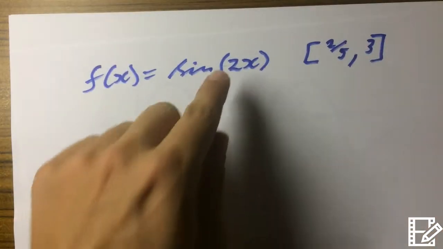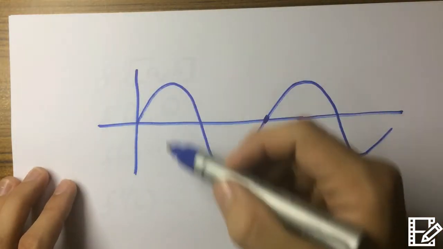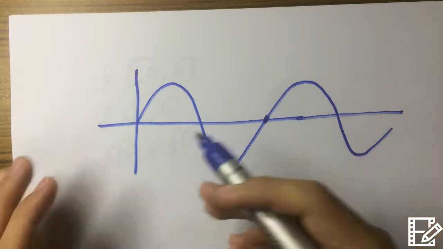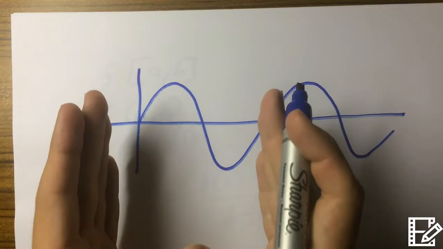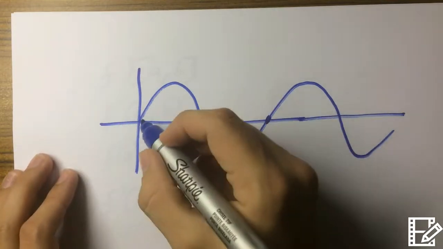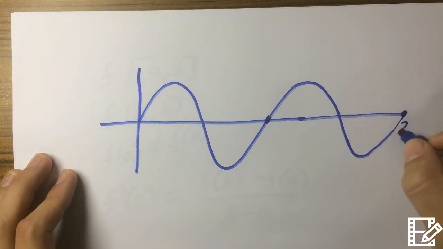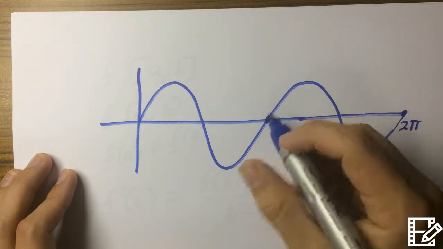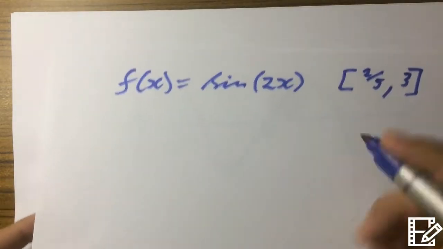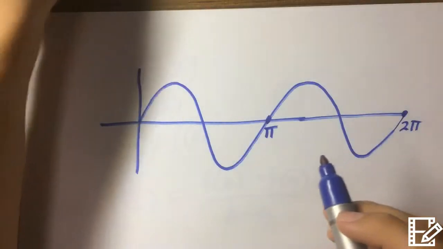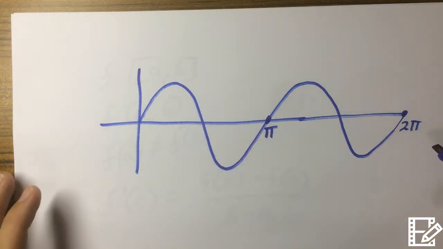But because I've got 2x, it essentially does twice as many revolutions in 2 pi, so it does them twice as fast. So instead of this being 2 pi, this one is 2 pi, and this one is pi. Because I put 2x there, it basically does twice as many oscillations.